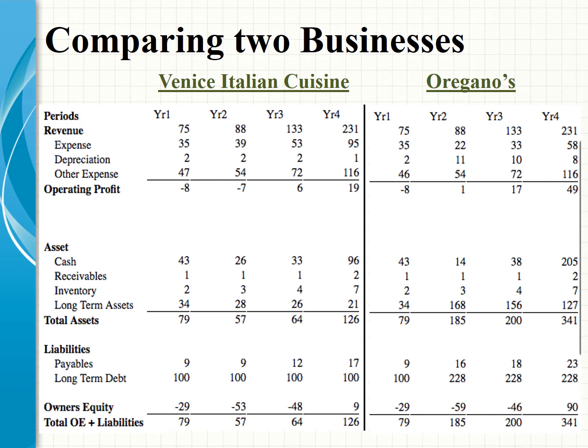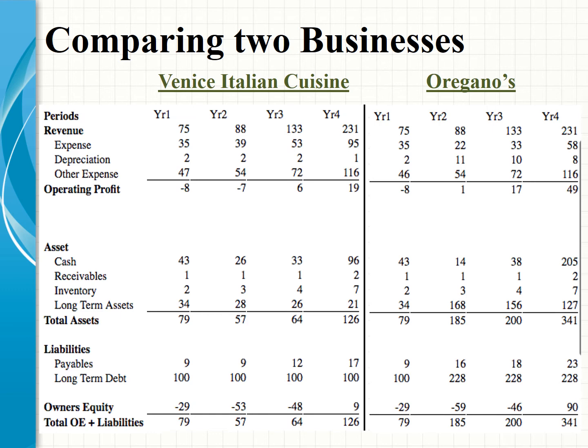Compared to year 1, revenue in year 4 for the Venice Italian Cuisine restaurant increased from $75,000 to $231,000. Of course, the more revenue the restaurant earned, the more expenditures it incurred, as seen in the increase in labor costs from $35,000 in year 1 to $95,000 in year 4. Other expenses also increased from $47,000 in year 1 to $116,000 in year 4.